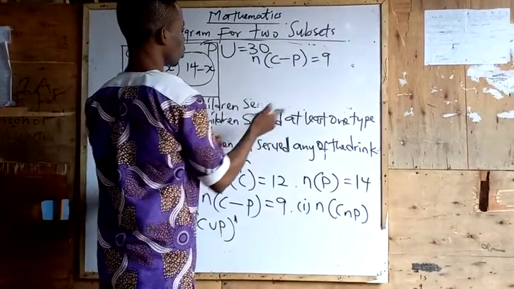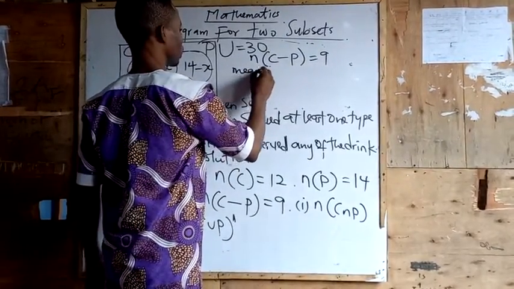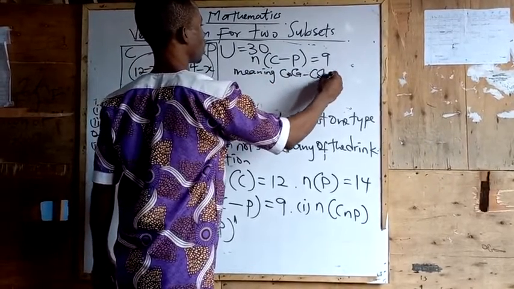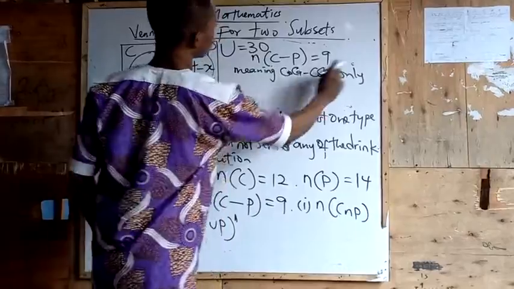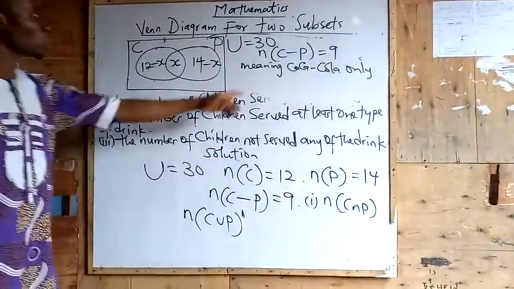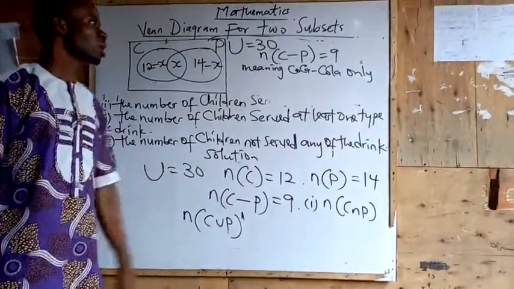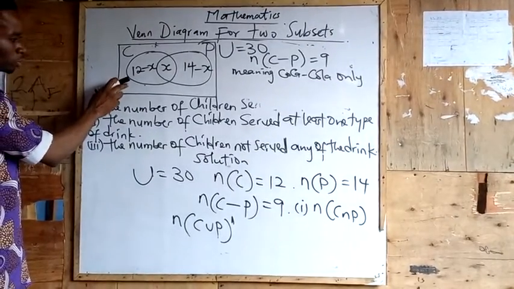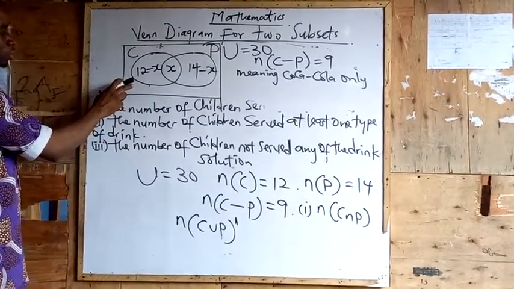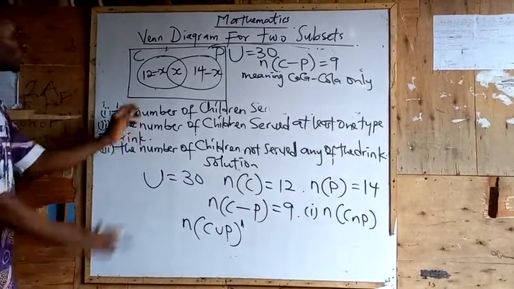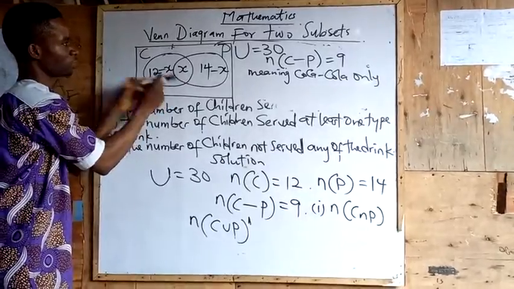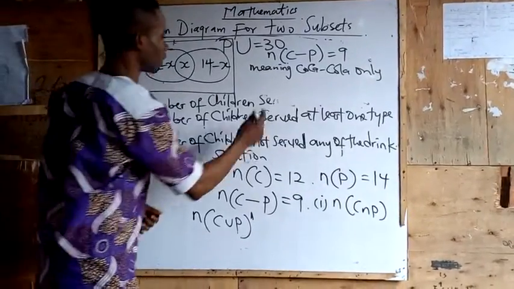That is the meaning of this: only in Coca-Cola but not in Pepsi is 9. Now, if you come back to this diagram, this place is for Coca-Cola only. 12 minus X is for Coca-Cola only.